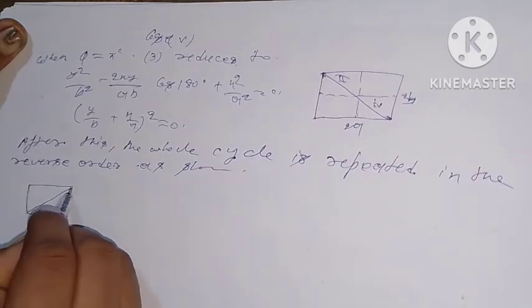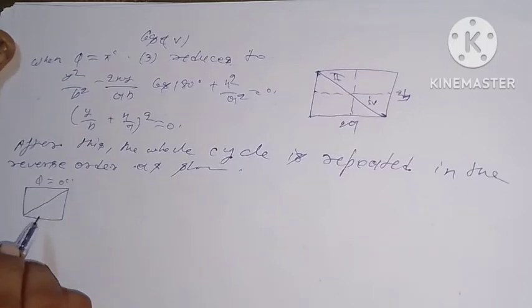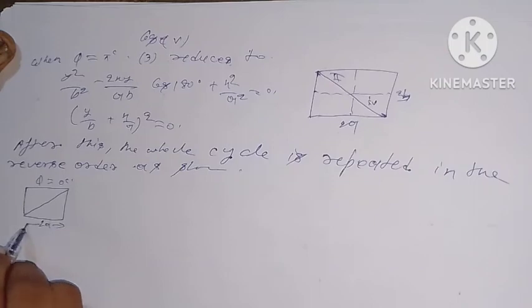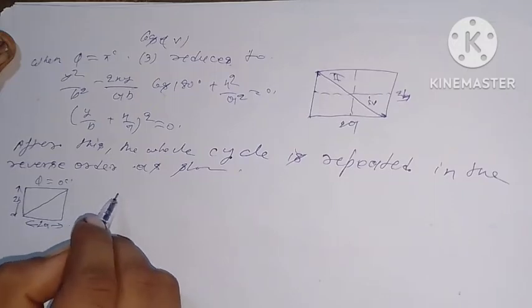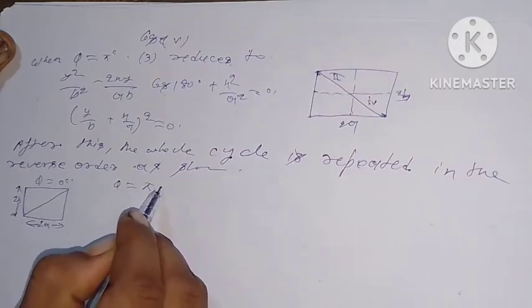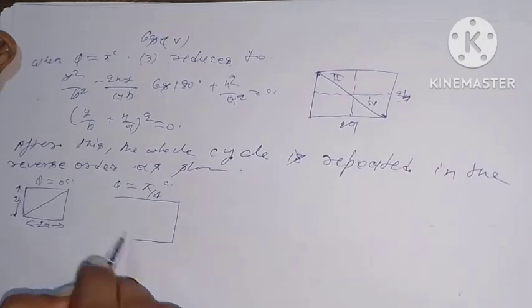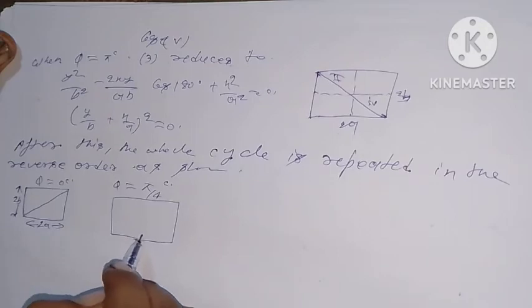This is phi equal to 0 degree, with 2a and 2b. Second, phi equal to pi by 4 radians.